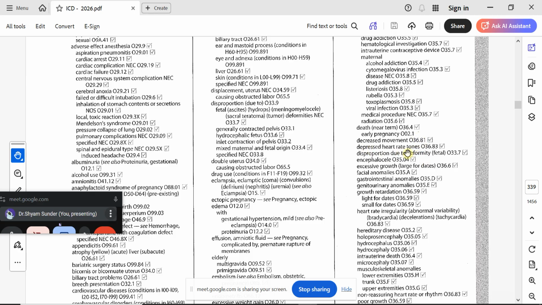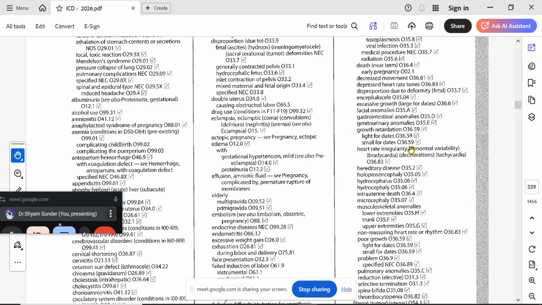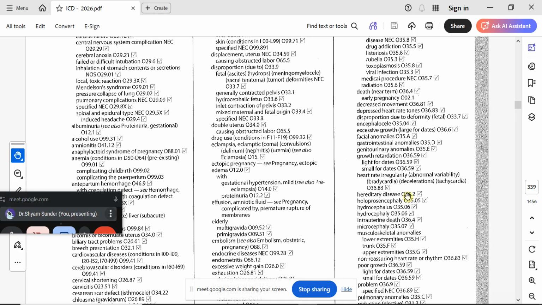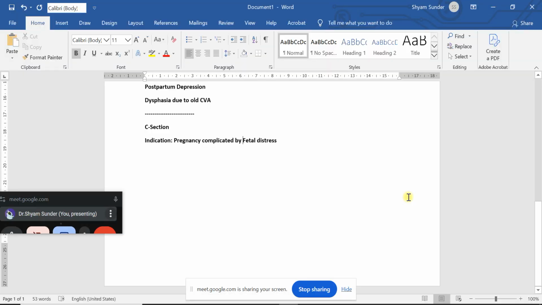Depressed heart rate tones, if the heart rate is decreasing. So these are the indications. Similarly, you'll find pregnancy complicated by fetal distress. So if it is a planned C-section, the code will start from O82.